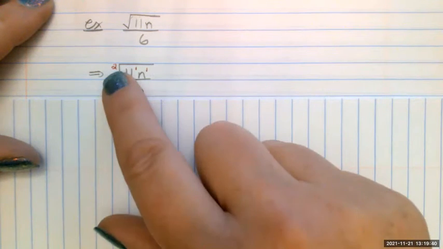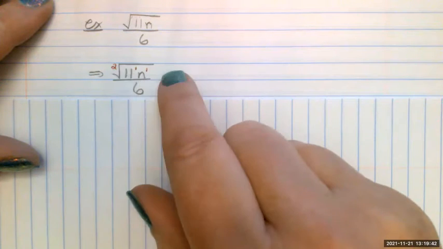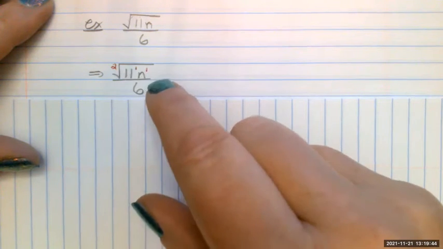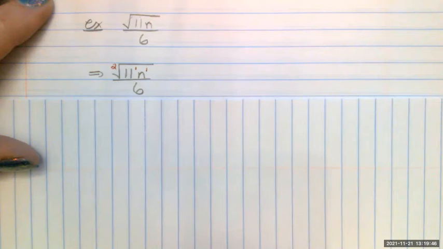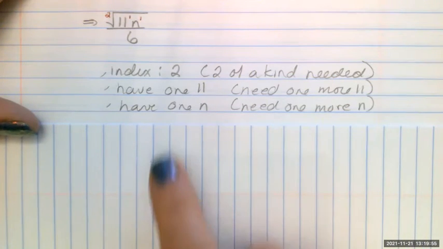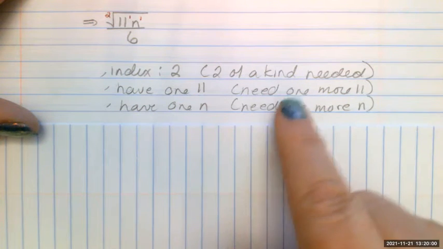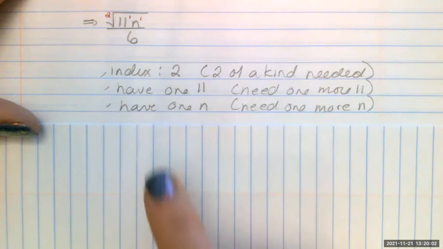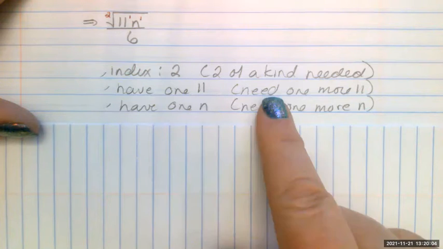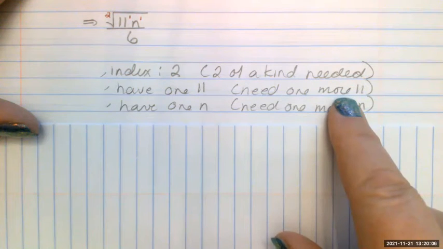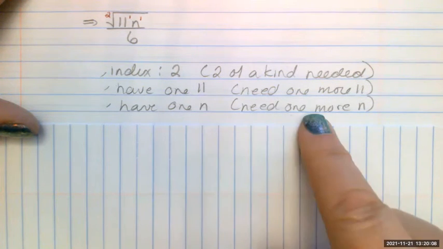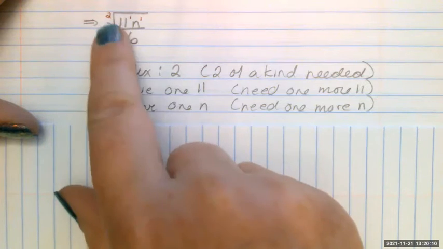The indices must be the same in order to multiply radicals together and to smush them underneath one radical. Again, my index is 2, so I need 2 of a kind in order to get stuff out from under the radical. I have 11, I need 1 more 11. I have n, I need 1 more n so that everything pops out from under the radical.